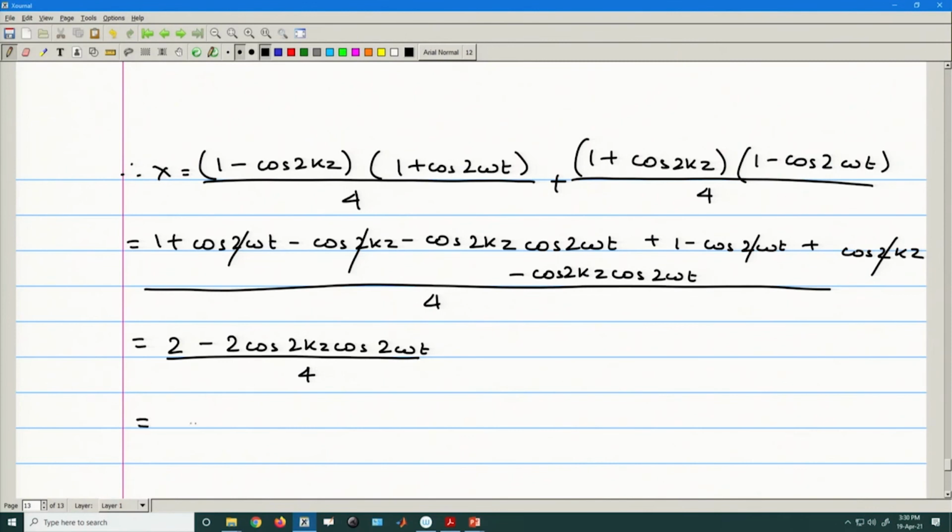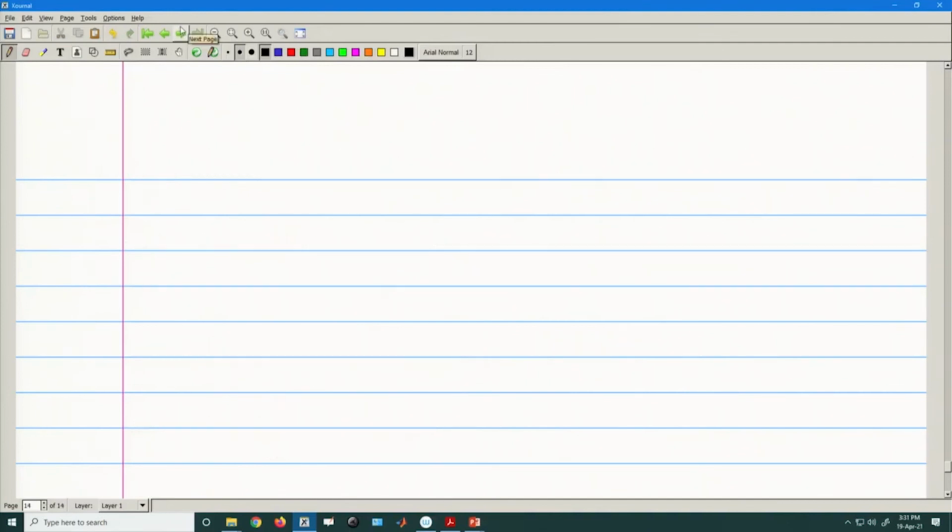This is 1 minus cos of 2 kz cos of 2 omega t by 2. Okay. So, now after this simplification we will substitute this value in place of VE. So, now let us see what happens.